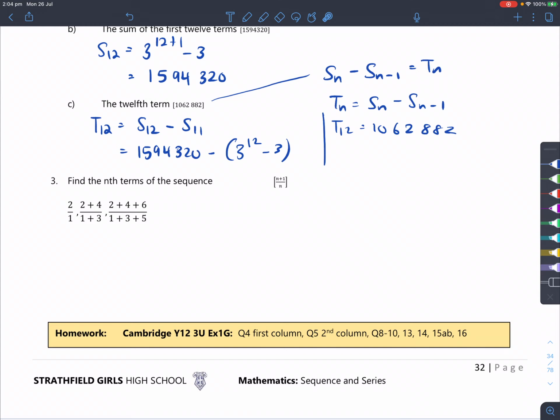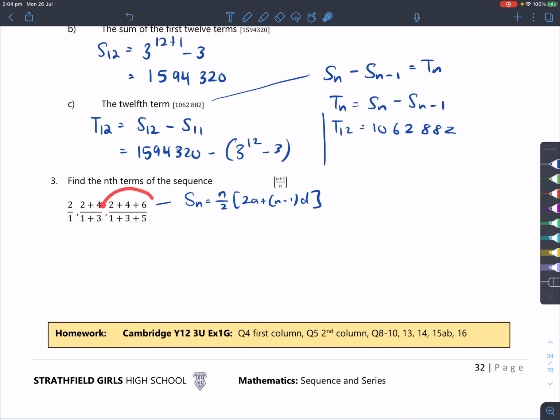So remember how Sn is equal to n over 2, times 2a plus n minus 1 d. We're going to apply that to both the top and bottom. This is a tricky one because each term is representing a sum.